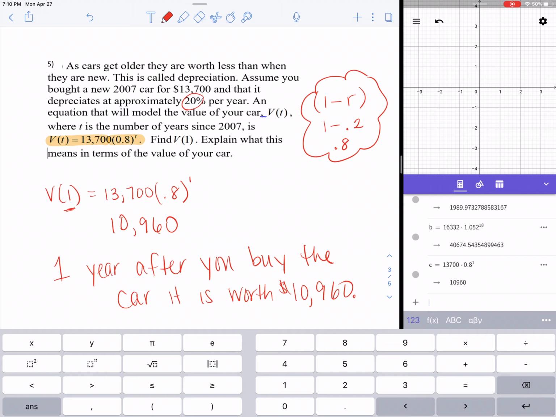The car started at a value of $13,700. 1 year later, it depreciated to $10,960. Okay, it depreciated at a rate of 20%. So that's why we have a base of 80%. If it depreciates 20%, it's worth 80% the following year. So this is your final answer.